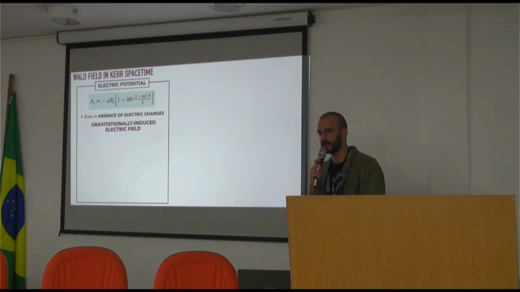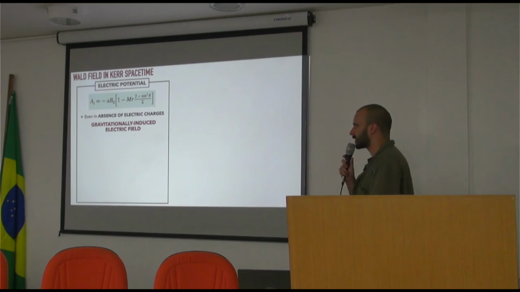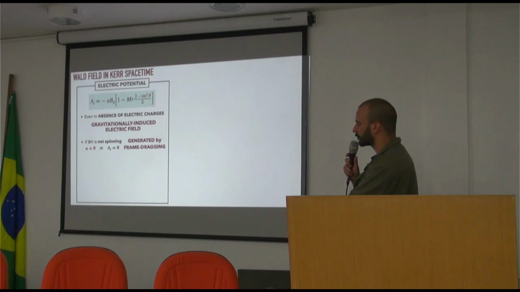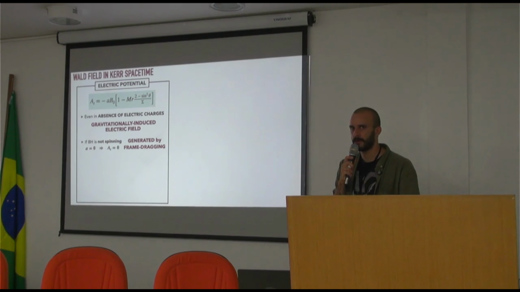So we are generating an electric field in a certain sense out of nowhere. And where does it come from? Of course, it comes from the fact that the black hole is spinning. Indeed, if we set the black hole spin a equal to 0, no electric potential anymore.